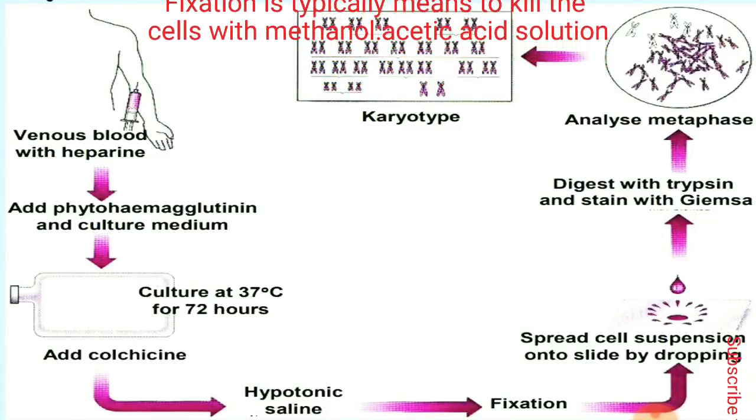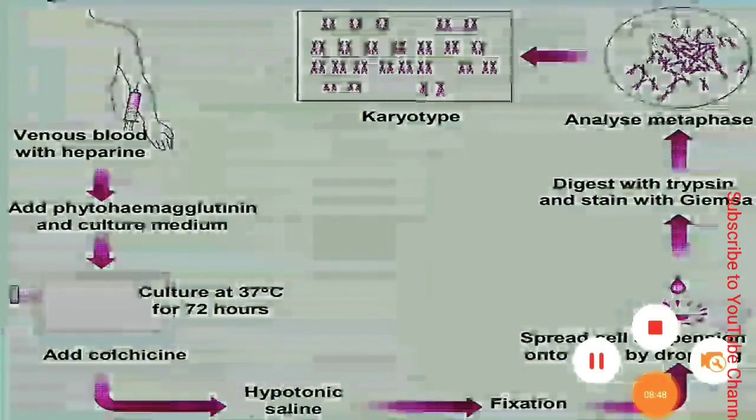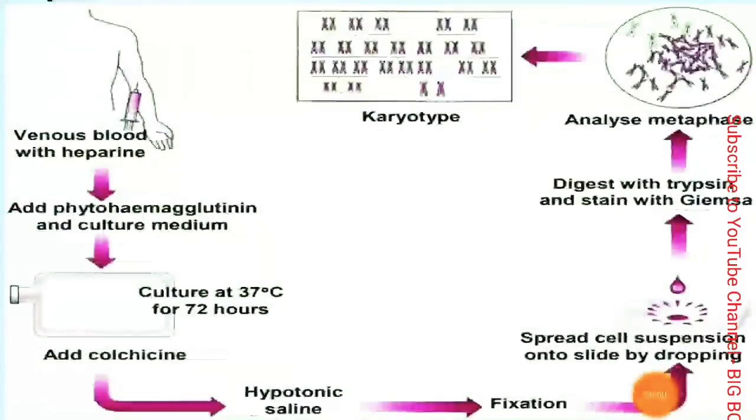Here, after fixing, we are going to take the solution in a dropper. We take the solution with the dropper at a height of about a meter from the shoulder, and drop a drop of the fixed sample solution.